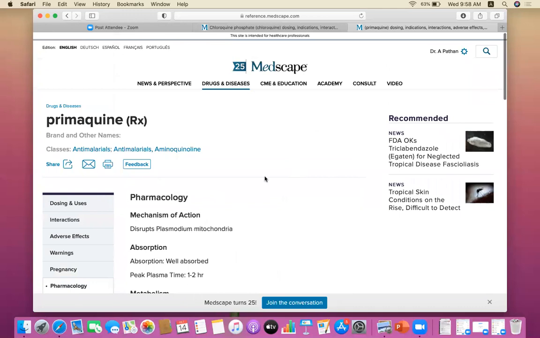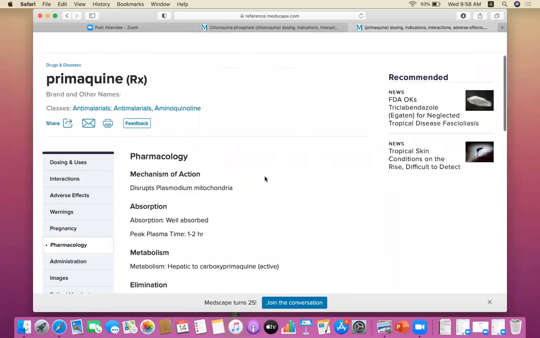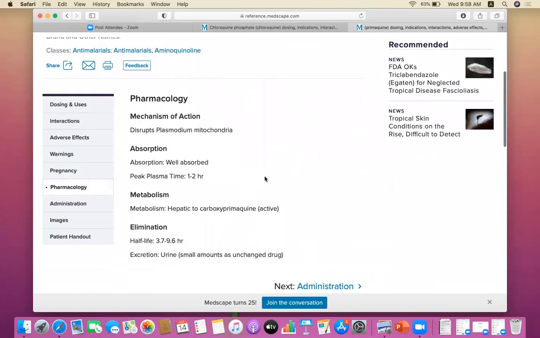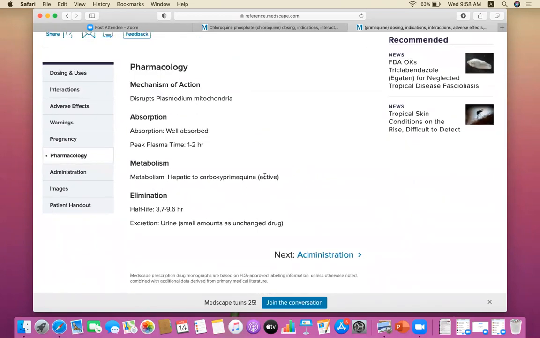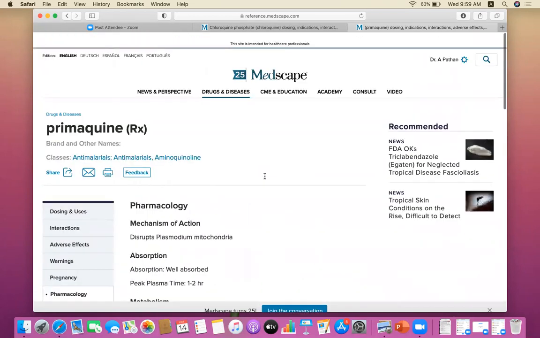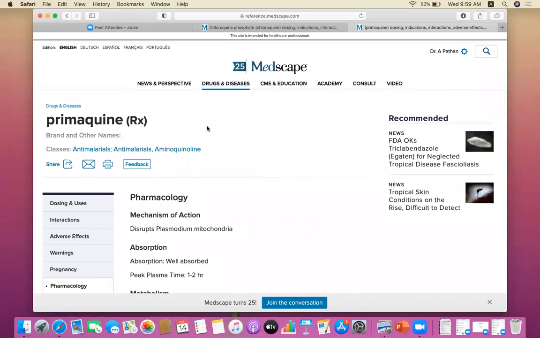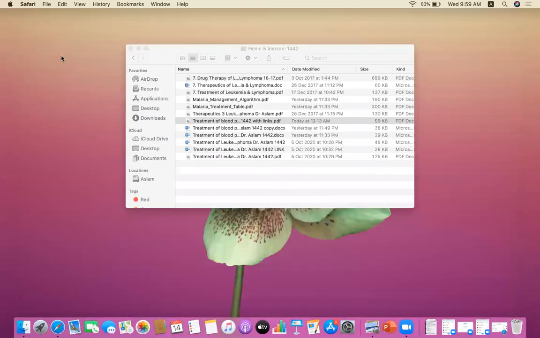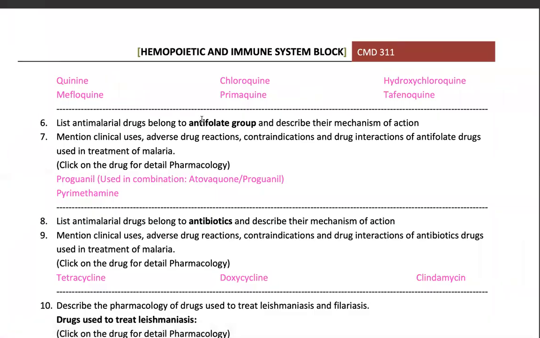What is the pharmacology? It disturbs the plasmodium's mitochondria, with absorption, metabolism, and elimination. So this is about primaquine.